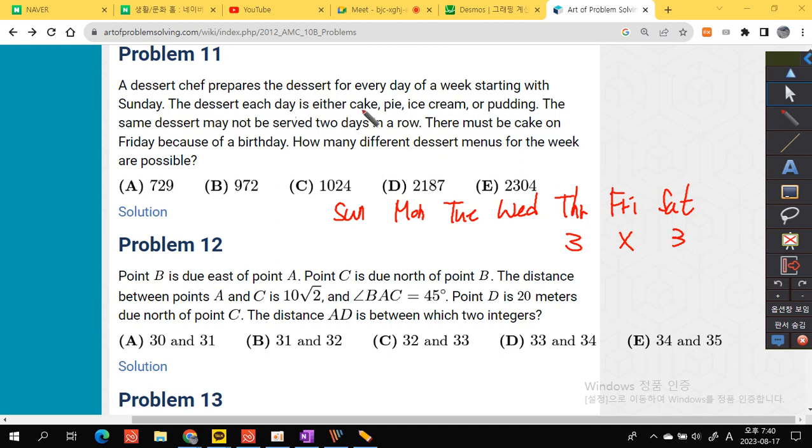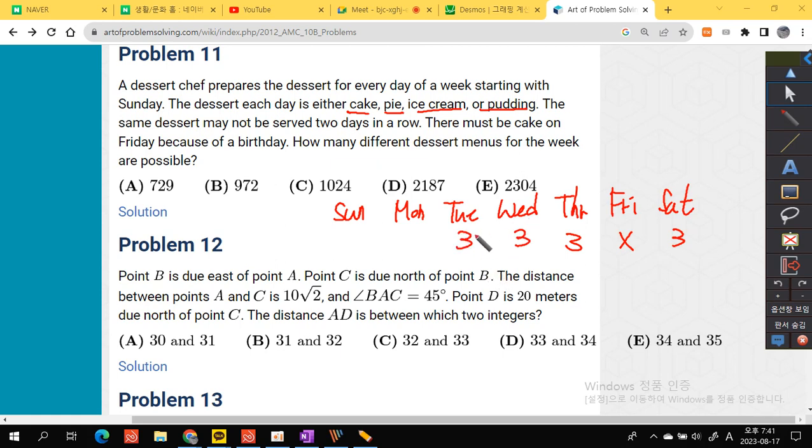Because there are four types of dessert, then for Wednesday, the menu served on Friday should not be served. So that means it's still three. And for Tuesday, again, the menu served on Wednesday should not be served.